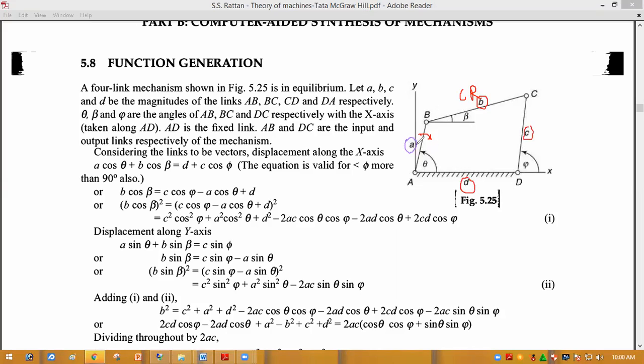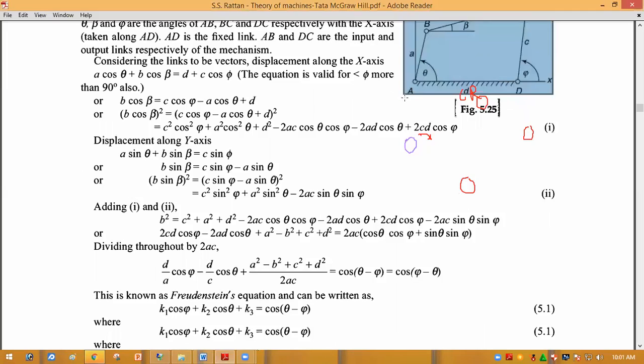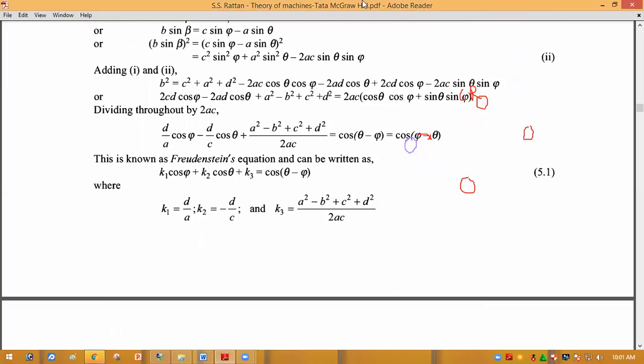Small a is the length of link AB, d represents the length of link AD, c represents the length of link CD, and likewise b represents the length of link BC. Now we are going to formulate one equation to find out what could be the lengths a, b, c, d.